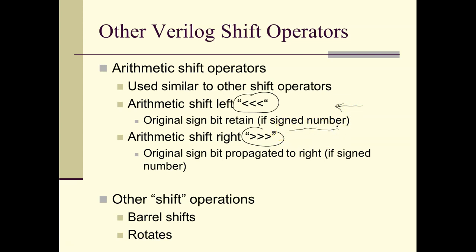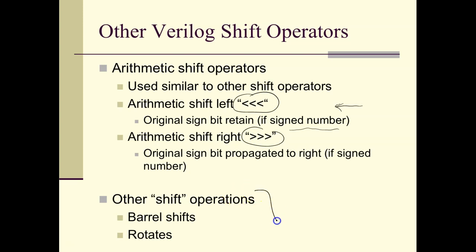The sign bit is never lost. It's actually the bit to the right of the sign bit that is lost. For shift right operations, if it's a signed number, the sign bit is propagated toward the right. So if the sign bit's 1, it gets filled with 1s. If it's 0, it gets filled with 0s. So essentially, it's sign extension in the other direction.